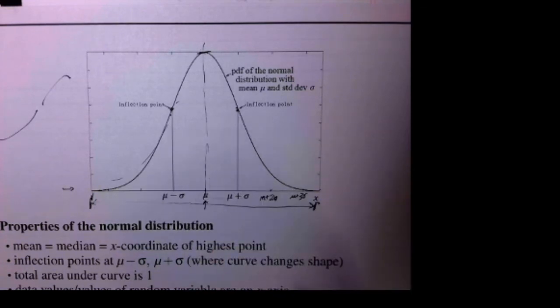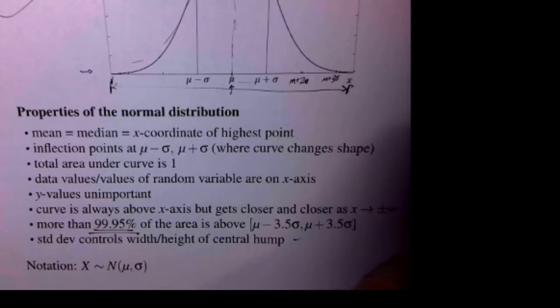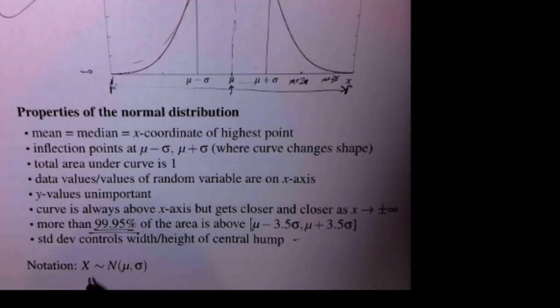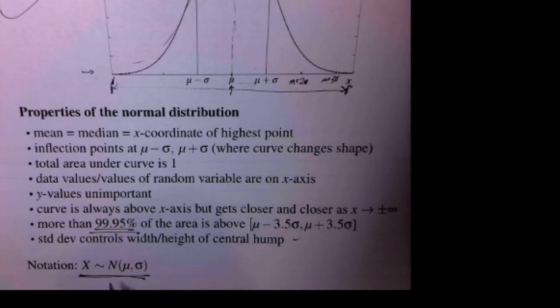All right, we'll talk more about the standard deviation controlling the width and height of the central hump of the curve in a second. But first, here's the notation we'll use for this. Let me read this to you. It's important that you be able to understand this because problems will use it without explaining it. This is how you read this.